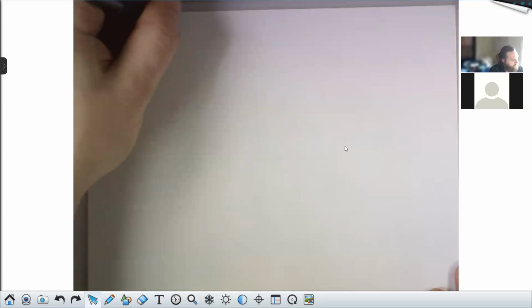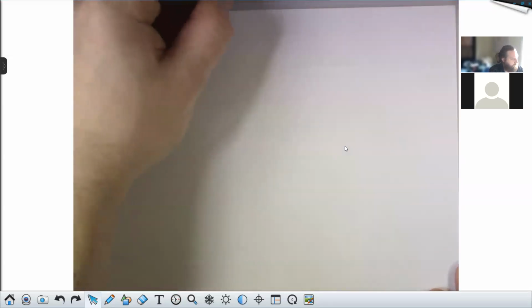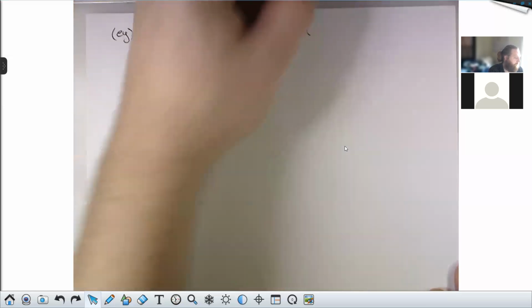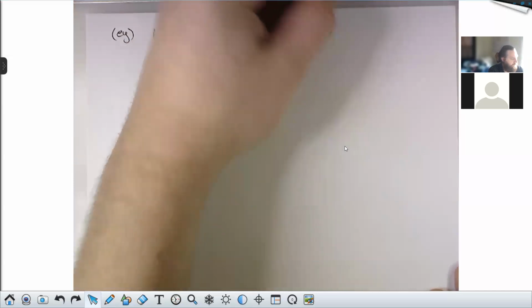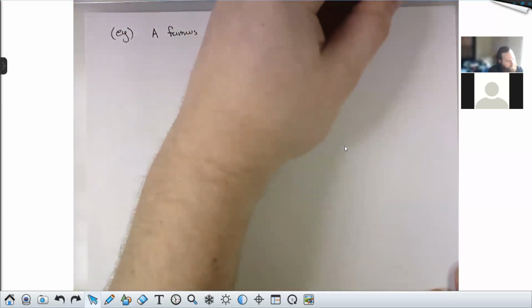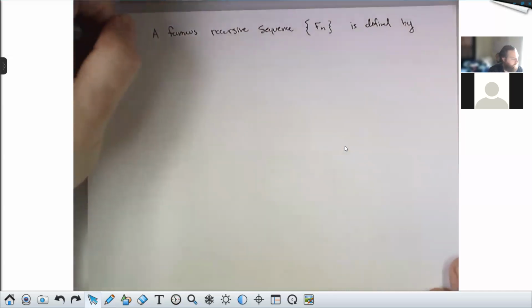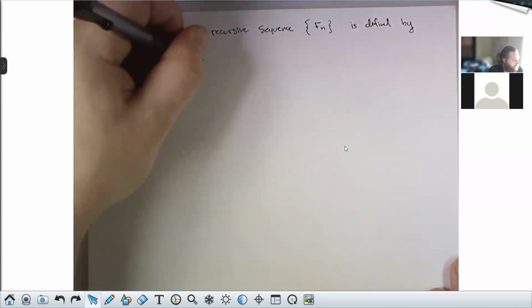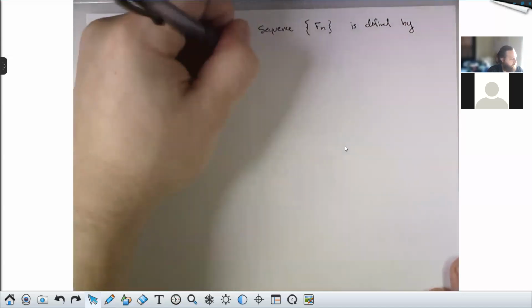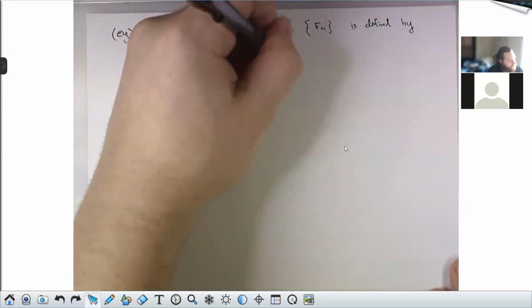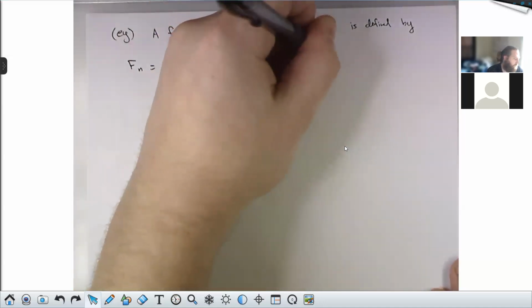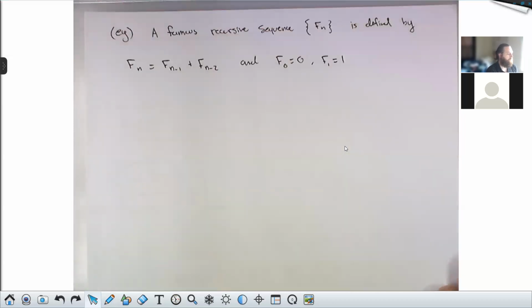A famous recursive sequence, which I will suggestively name F_n, is defined by the recurrence relation F sub n equals F sub n minus 1 plus F sub n minus 2, and the initial conditions that F sub 0 is equal to 0 and F sub 1 is equal to 1.